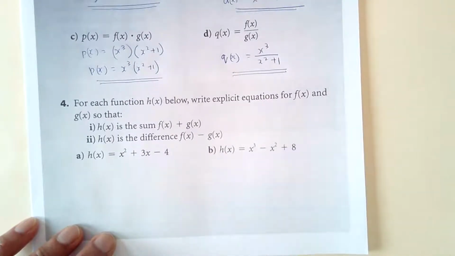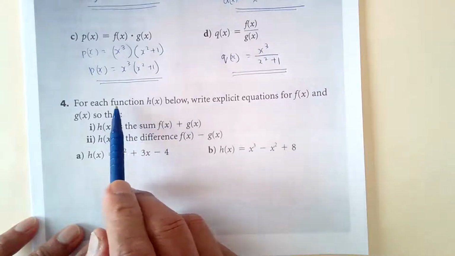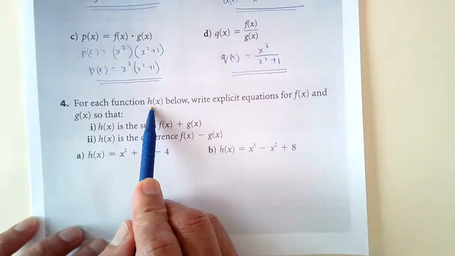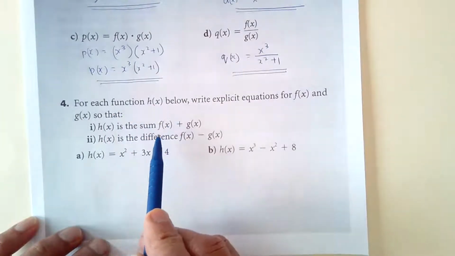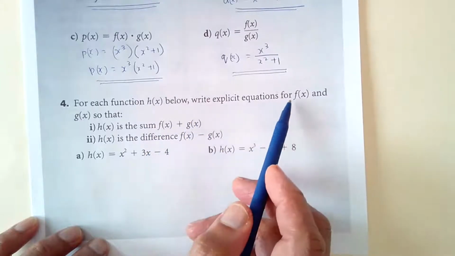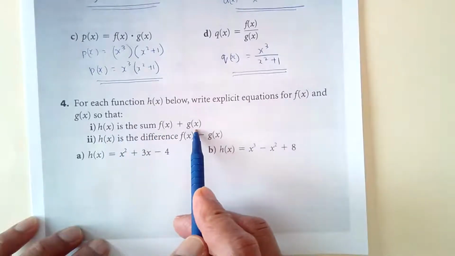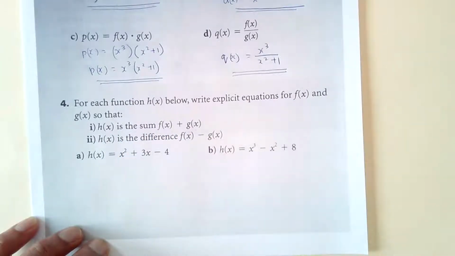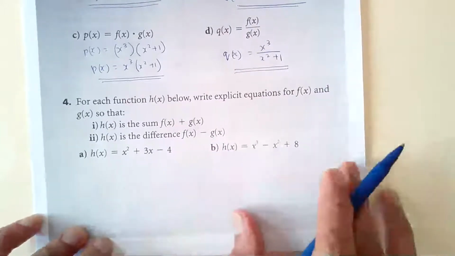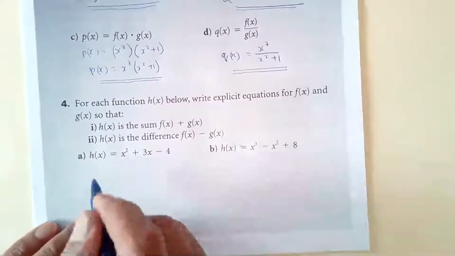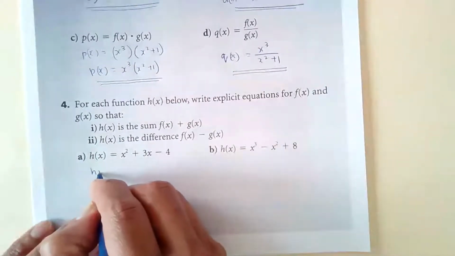So question 4, for each function h of x below, write explicit equations for f of x and g of x so that h of x is the sum of f of x plus g of x. So what we have here, we have to break it up into f of x plus g of x and still maintain the original function. So we have h of x here.